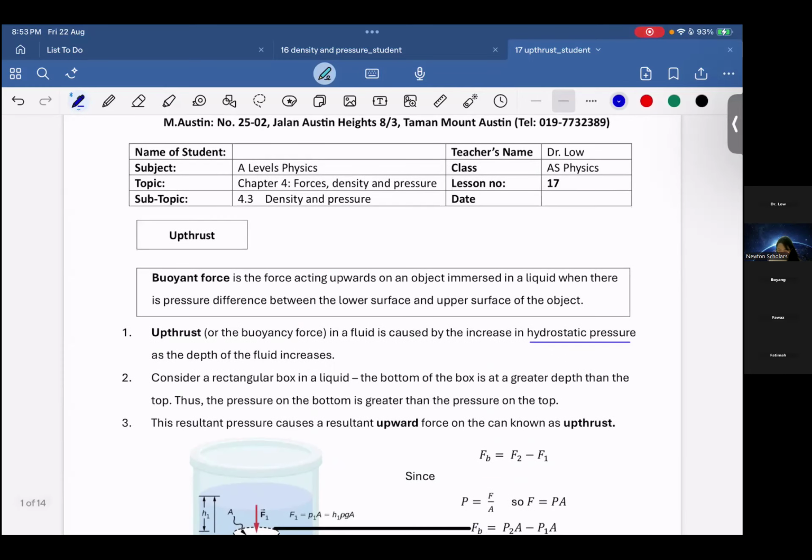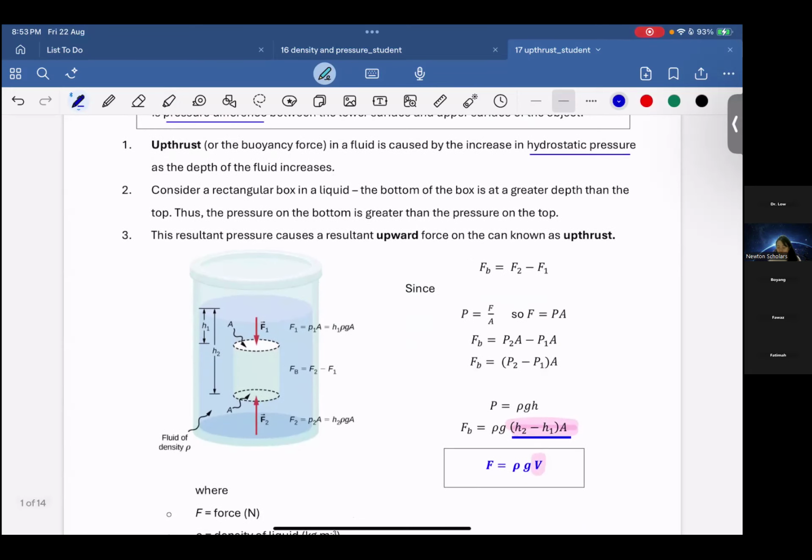So upthrust is actually a force acting upward when there is a pressure difference between the lower surface and upper surface. This is how we get this formula. In SPM we never derive, but right now you know how we get this formula.